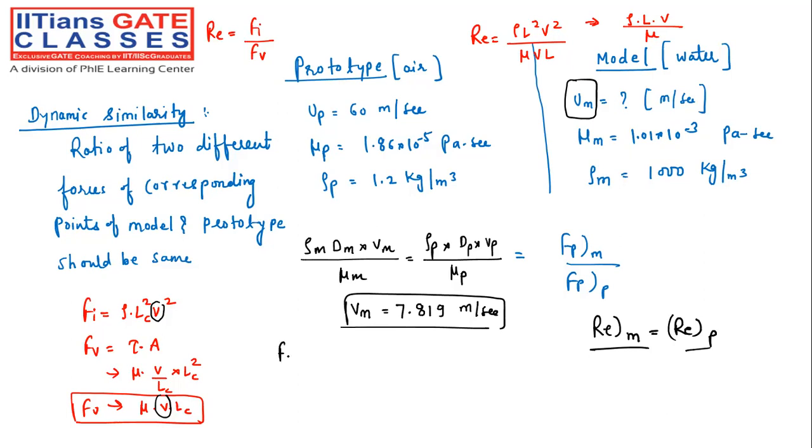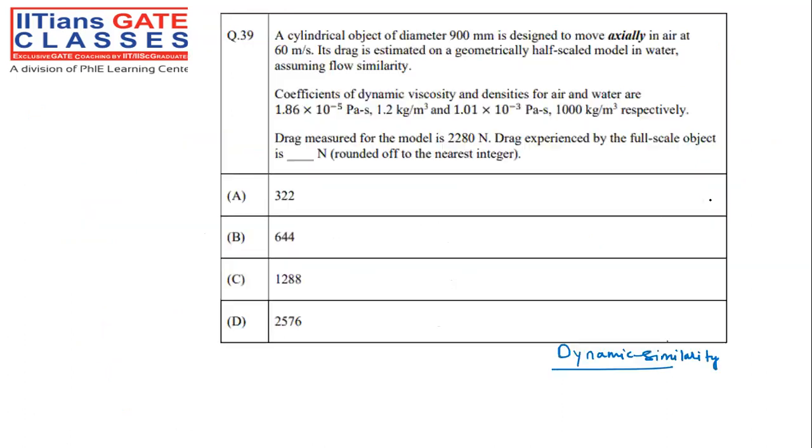The moment you calculate this, you can calculate the ratio of the viscous force of the prototype to the viscous force of the model. If you calculate mu into v into L by this particular formula, you write mu p into vp into dp over mu m into vm into dm. And of course, what is dm by dp? The problem mentions very clearly, half scale.